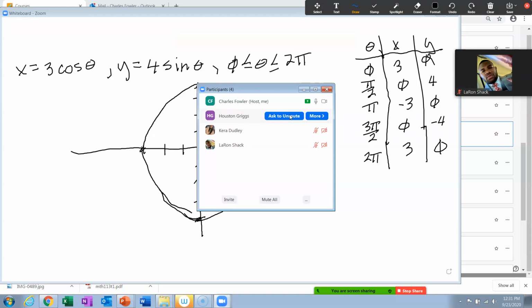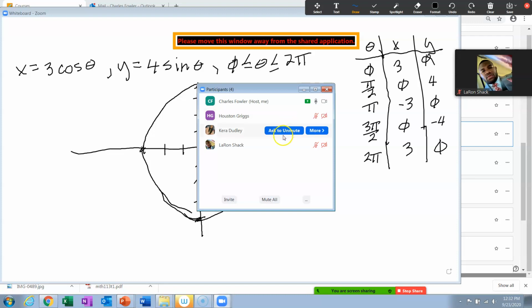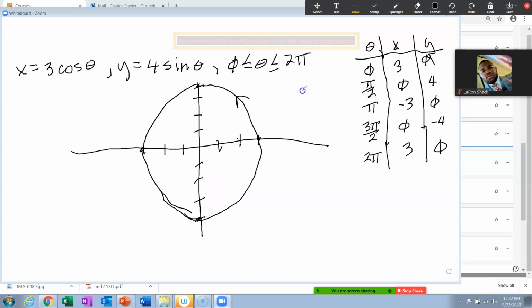I can't get my pen to operate. 4 out of 8. So we're half of us here. Well, we've lost somebody, haven't we? I had James and we've lost James. So hopefully he'll be back. Welcome, Laron.